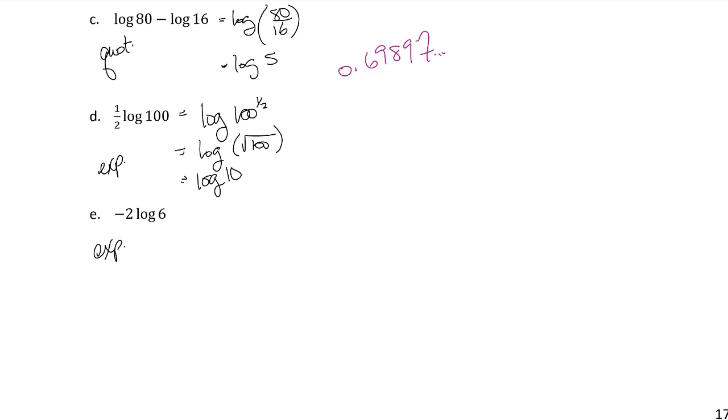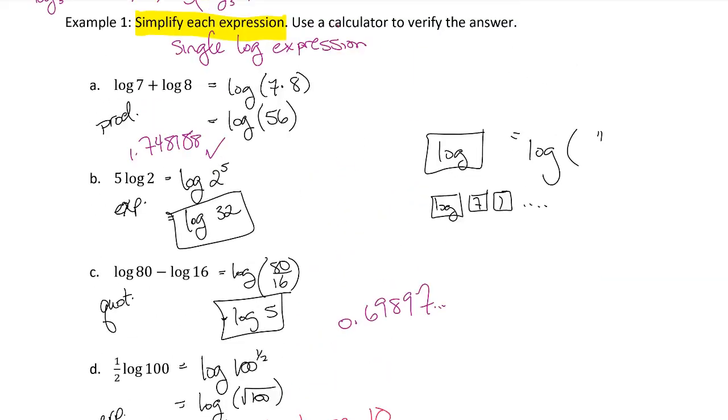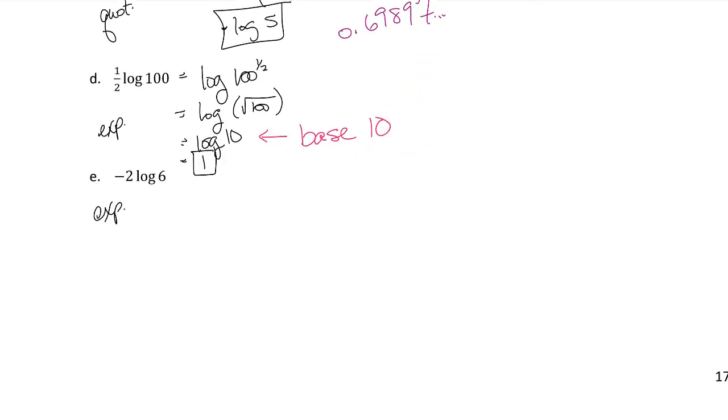And remembering that this is all base 10, 10 to the power of 1 gives me 10. So log 10 will always simplify to just 1. So whereas these ones all had to simplify to a value and then I'd use my calculator, anything that has to do with 10, I can actually just simplify there.